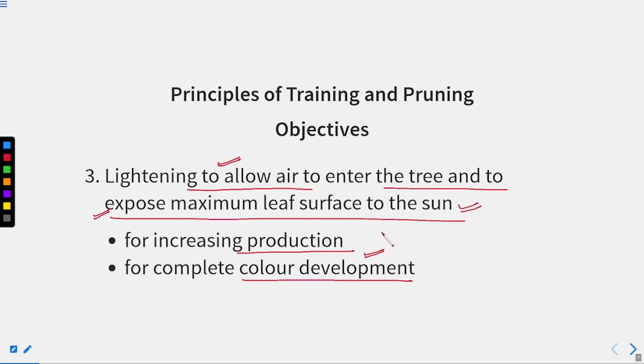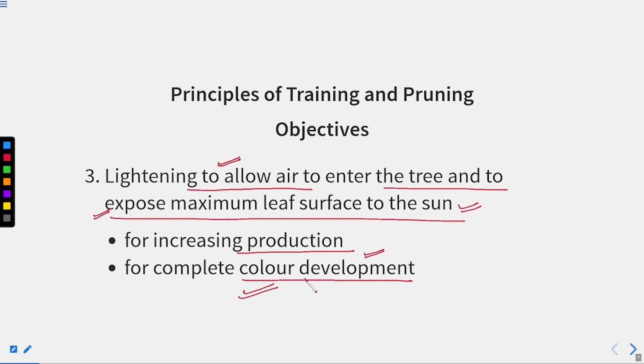If the sunlight is not falling properly, because the bush is very clumsy or very compact, then the inner leaves will not get proper sunlight, and there will be a process of etiolation also. Complete color development means there should be chlorophyll in all the leaves, right?